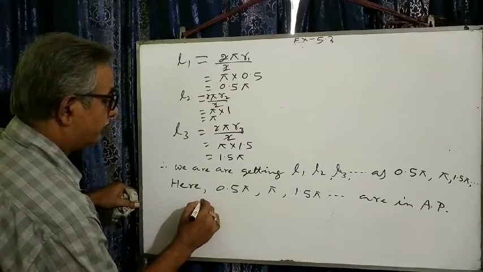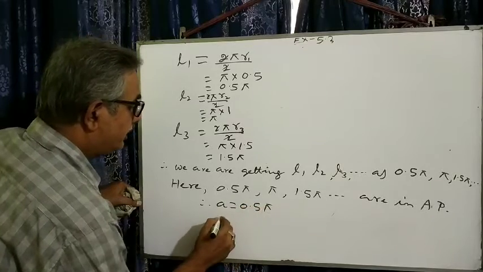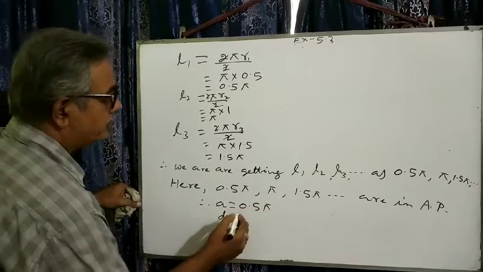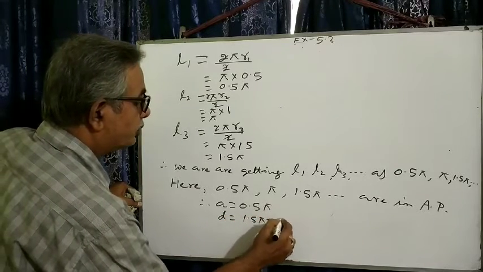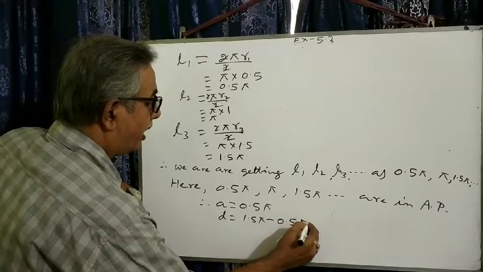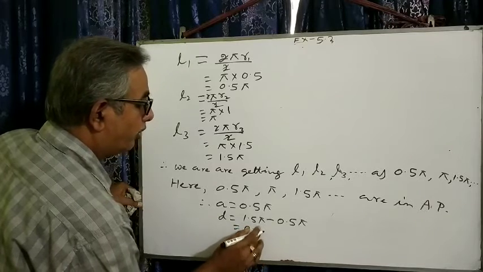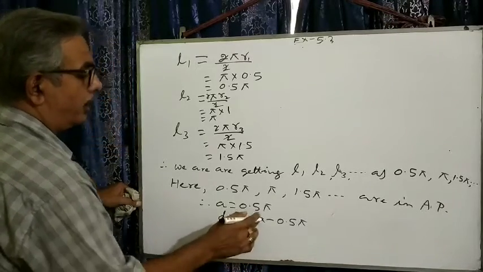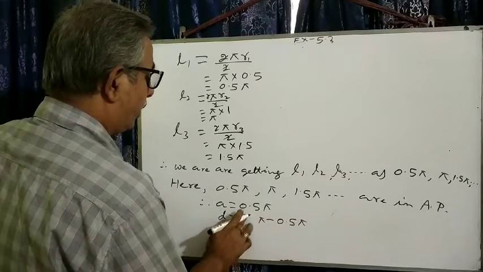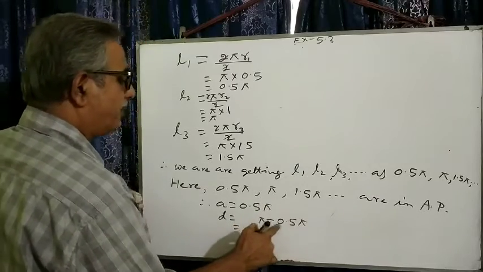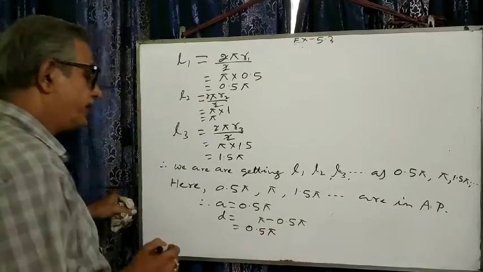Therefore, A is equal to 0.5 pi. D, the common difference, is 1.5 pi minus pi, which is 0.5 pi. You got the common difference.